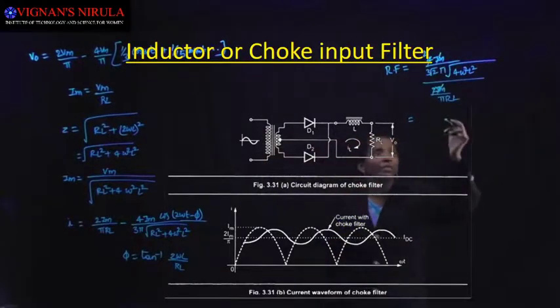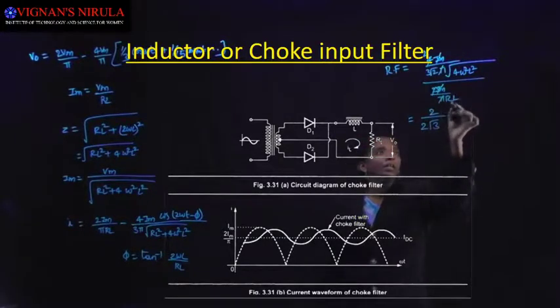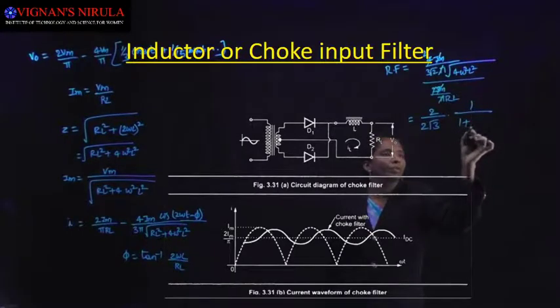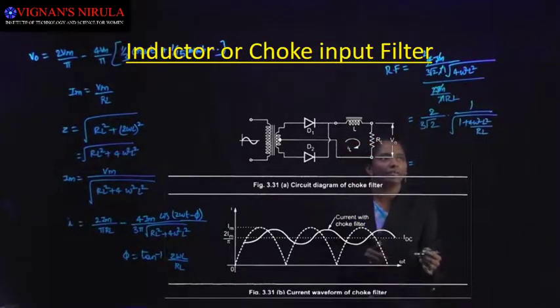After simplification, the phi gets cancelled, and we get 2 divided by 3 root 2 into 1 by square root of 1 plus 4 omega square L square by RL square.